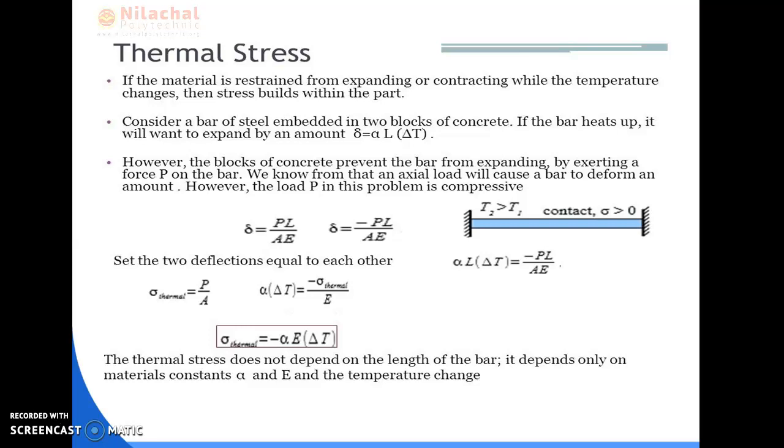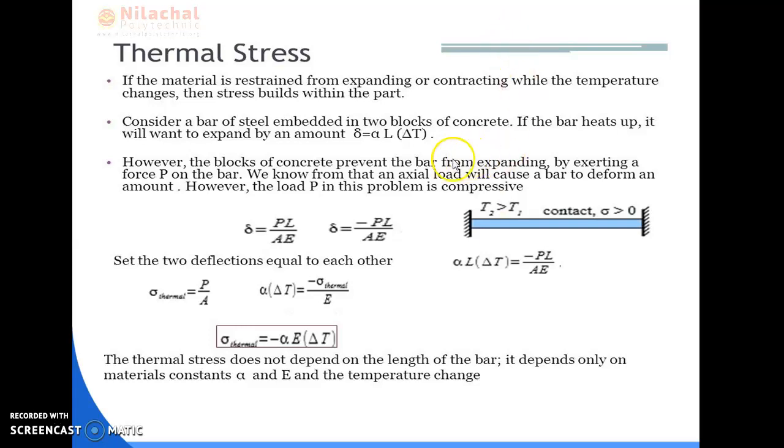But if the free expansion or contraction of the material is prevented, then stress is developed within the material, and that is known as thermal stress, or temperature stress.